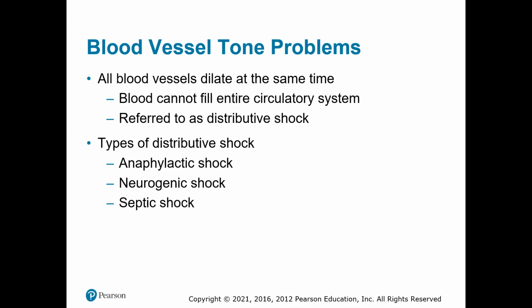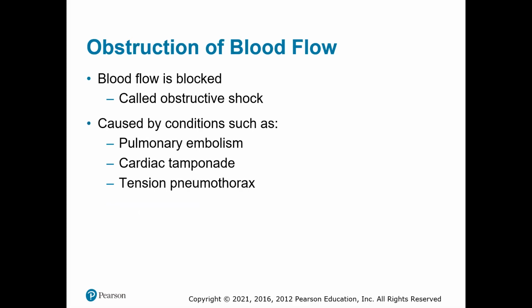If something disturbs that, they can't perfuse adequately. They can't dilate and constrict adequately. So if everything dilates all at the same time, we're going to have a drop in pressure big time. So distributive shock here, anaphylaxis, neurogenic, septic shock. Like it distributes to the system.